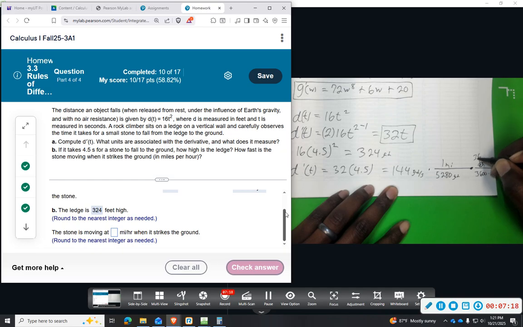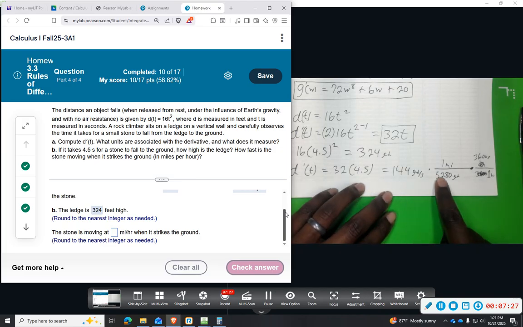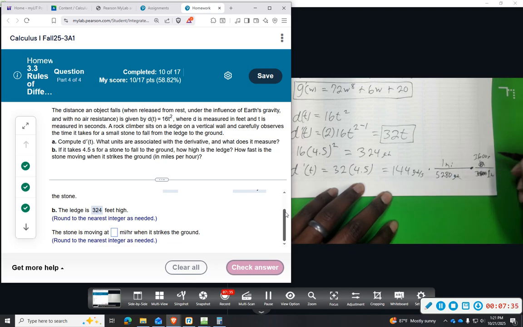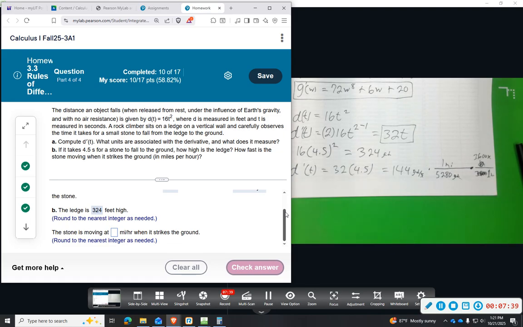So I need the 3,600 seconds and then per hour on the bottom. So we're going to take our 144 divided by 5,280 and then multiply by 3,600, and that will give us miles per hour, because the feet will cancel out feet and the seconds will cancel out the seconds on top and bottom, and that will give us this rate in miles per hour.